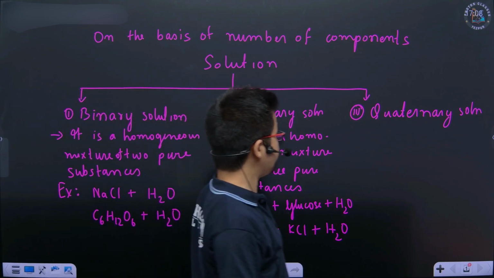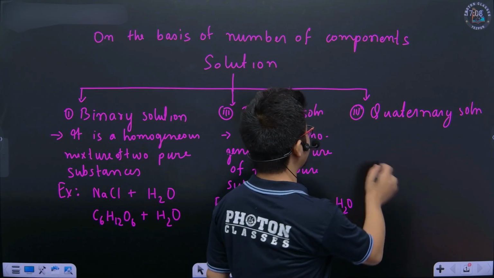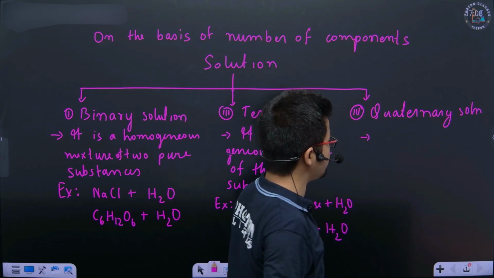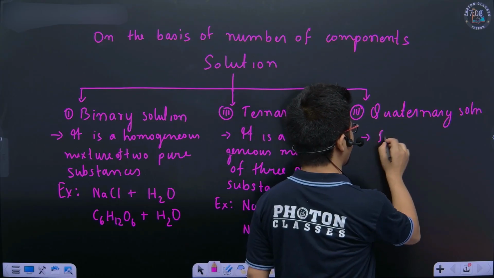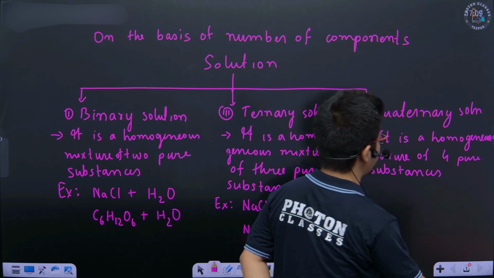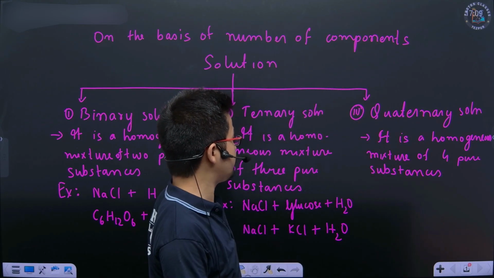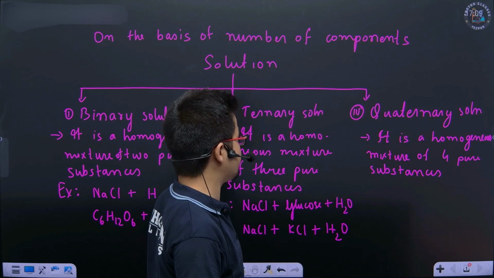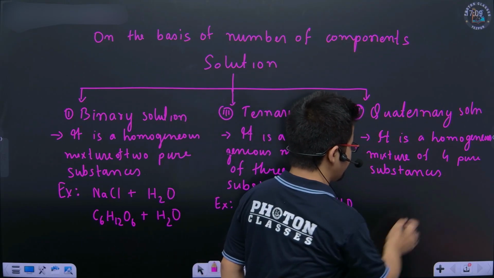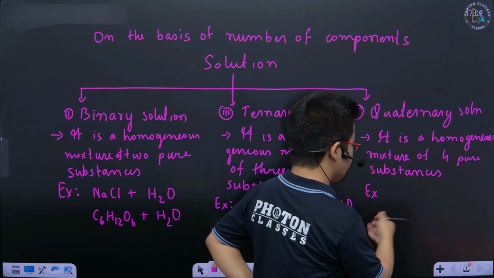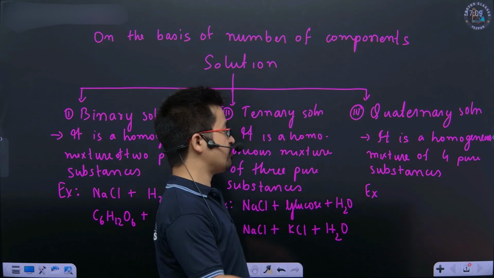Similarly, let me define what a quaternary solution is. It is a homogeneous mixture of four pure substances. You can take the names of three salts and dissolve them in water.